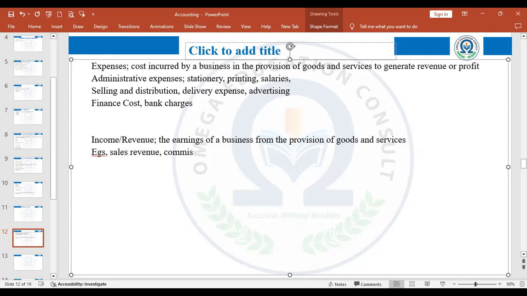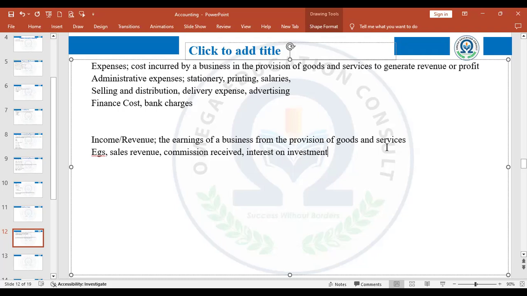Maybe a certain gentleman has Indomie, has all the ingredients, but he doesn't know how to prepare it. So he will come to me to prepare it for him and take a little commission, right? So that commission I receive is also an income. Or like I indicated, interest on investment. I make an investment and I get some. Okay, so professors, these are the concepts of expenses and income.